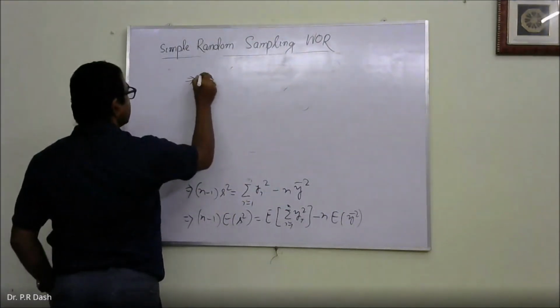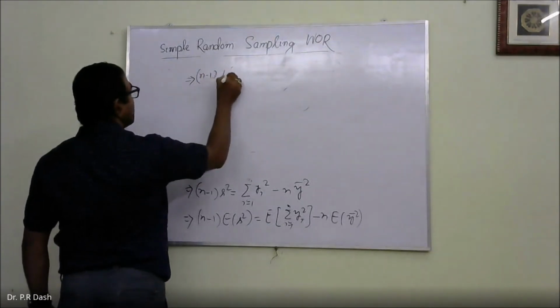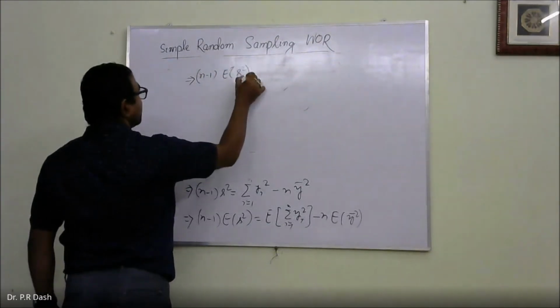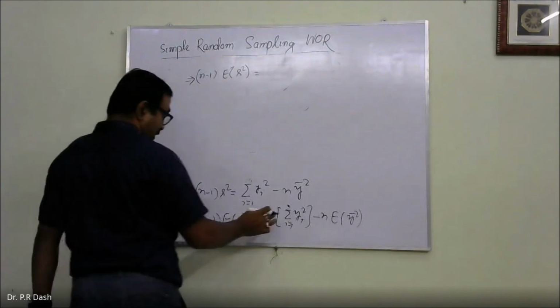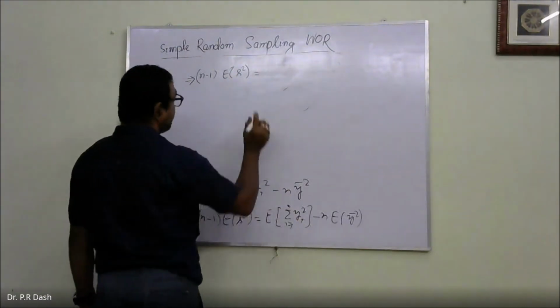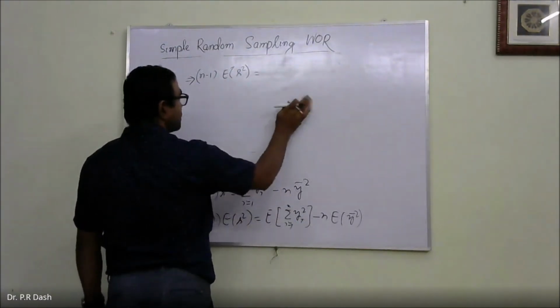That implies n minus 1 expectation of small s square equal to expectation of this, we have already obtained.